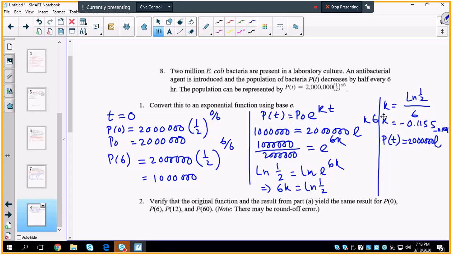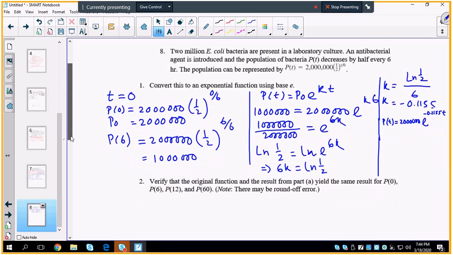So let me write it on a separate line so that we can use it in future. P of t is equal to 20,100,000 e to the power negative 0.1155t. That is the answer to the first question.